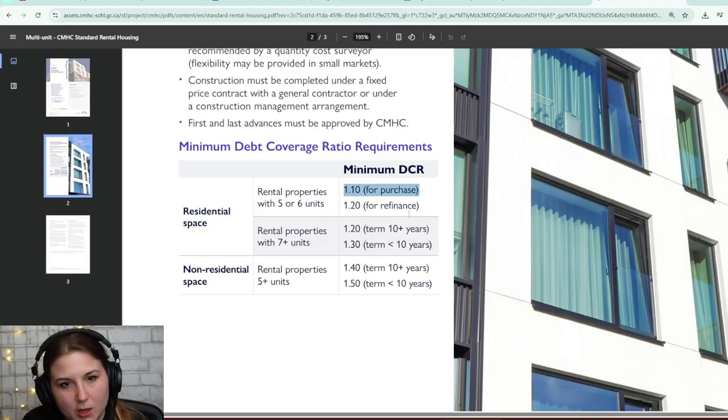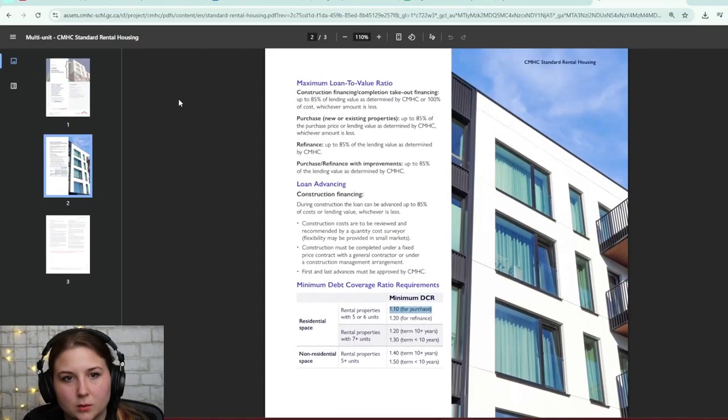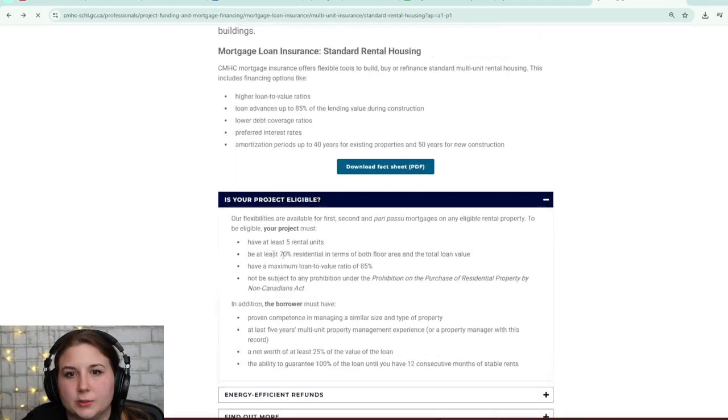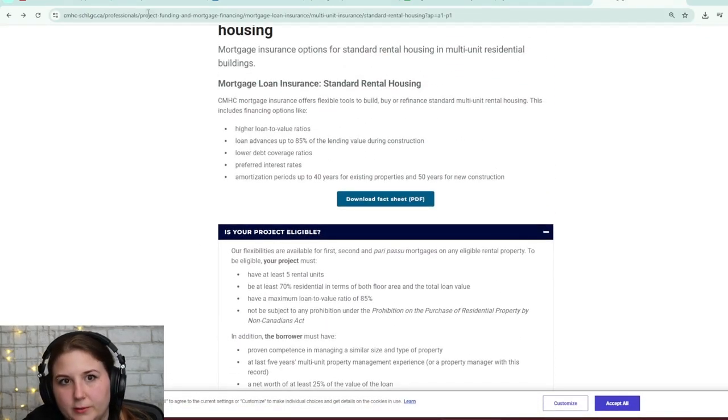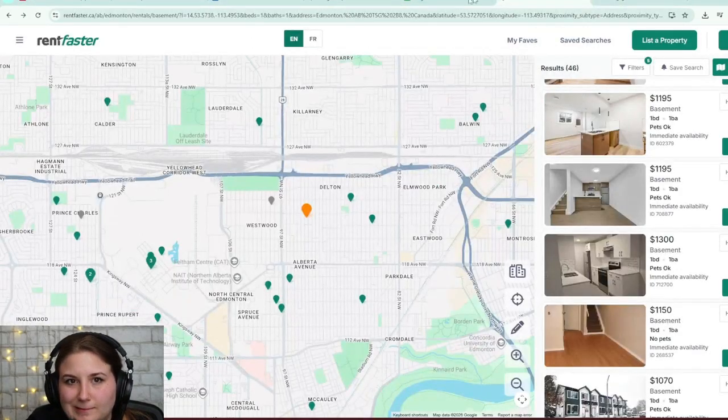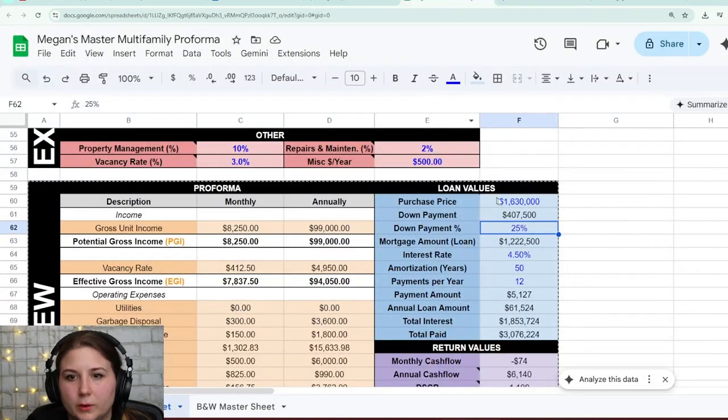Interesting. The other way you could go for financing is just a conventional loan, which would be 25% down. So you could purchase this through conventional, no problem, but through MLI Select, probably doesn't make sense. Going back here.